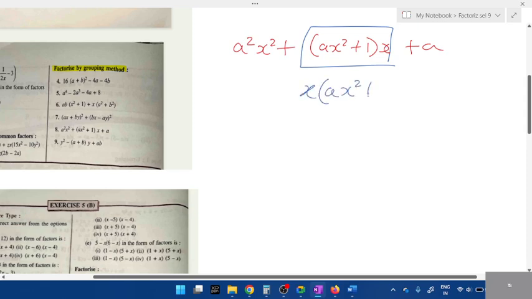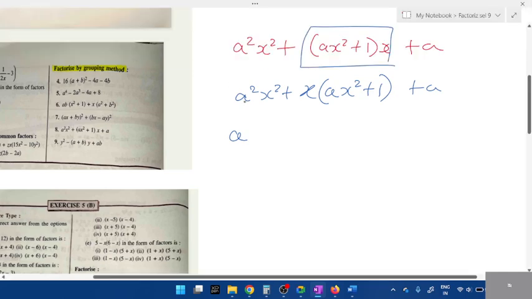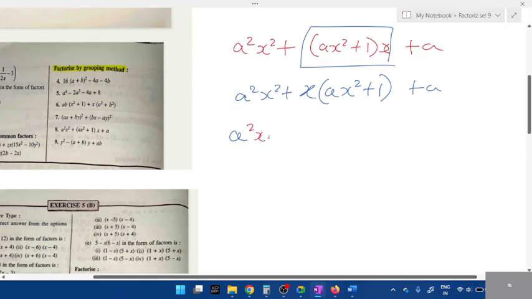It's the same. If you write it like this, it is easier for us to multiply. So whenever we have questions like this, put a in the beginning. First open the bracket. How many terms do we have here in total? Terms are split using plus and minus. This is one term, this is one, and this is one. Total how many terms? 3 terms. So keep a square x square as it is.